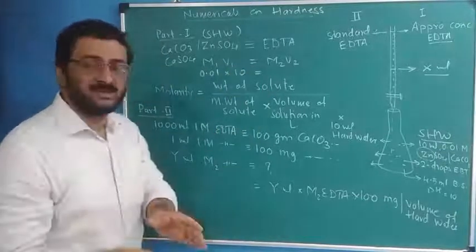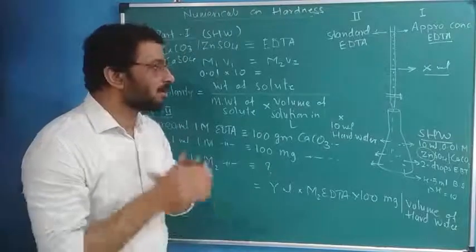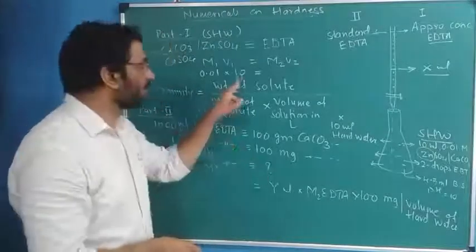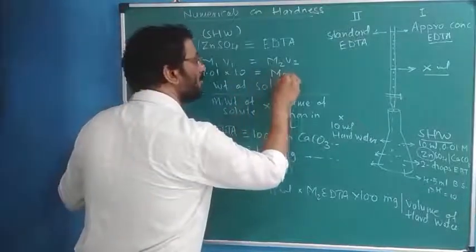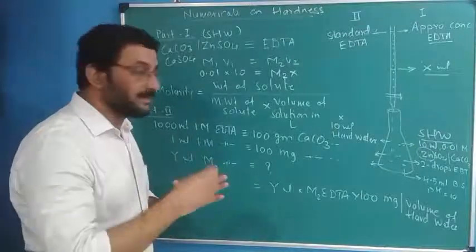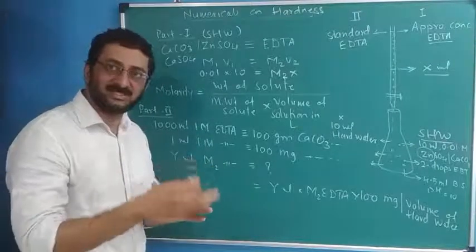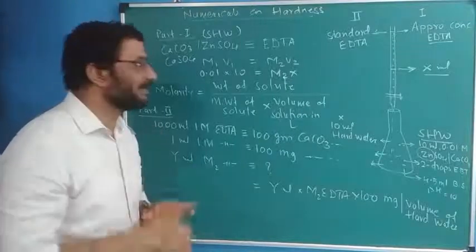If in the numerical it is mentioned 25 ml of standard hard water or 25 ml of zinc sulfate, it will be 25. Fine. M2 is the molarity of EDTA that we are going to find out, making EDTA standard, knowing the exact concentration or exact molarity of EDTA.